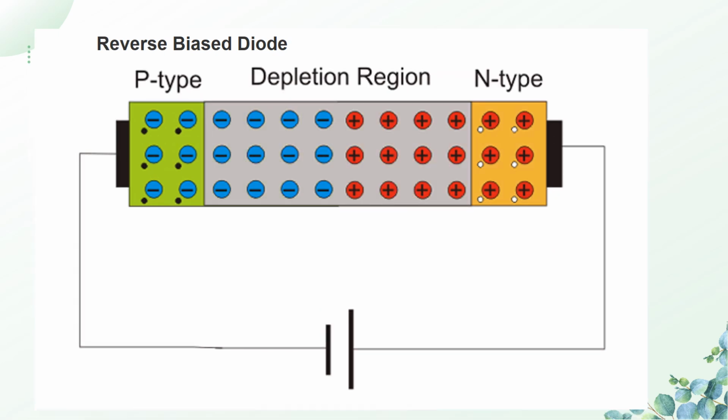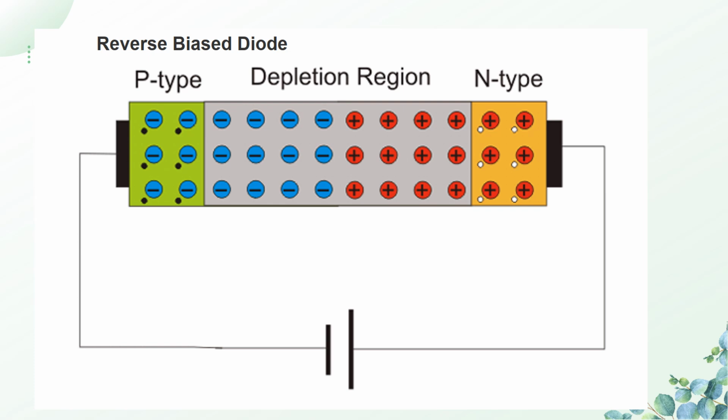Now let us consider what will happen when reverse biasing is given to a diode. Reverse biasing means the negative terminal of the battery is connected with the p-type and the positive terminal of the battery is connected with the n-type material. In this case, the p-type initially consists of a large number of holes and the battery supplies a large number of electrons.